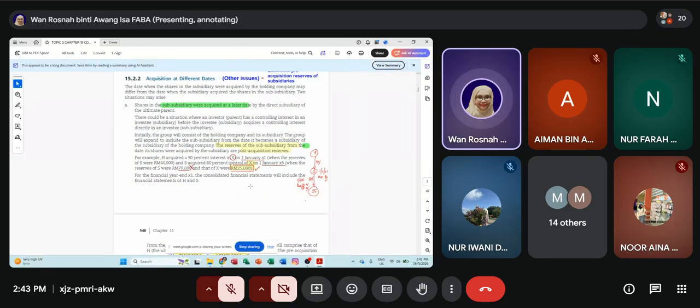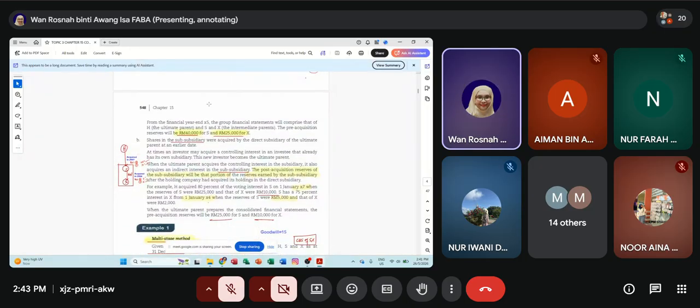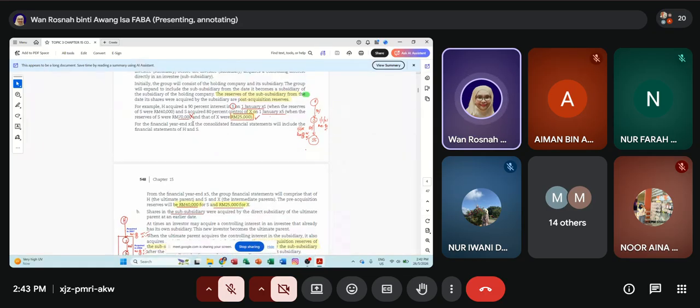So for the financial year end, the consolidated financial statement will include the financial statements of H and S. This is common, right? Because you have only H and S, year end 2021, for example.